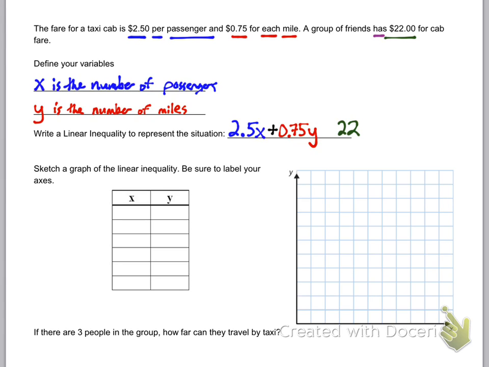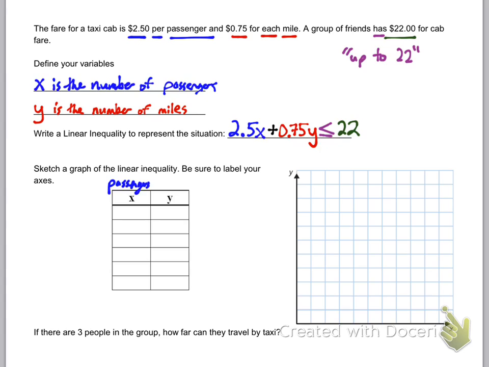Well, if they have $22, they cannot spend more than $22. So $22 is the most they can spend. In other words, they have up to $22 to spend, or at most $22. So those numbers on the left, 2.5x + 0.75y, that's how much they're going to spend. That needs to be less than or equal to 22. So less than or equal to.